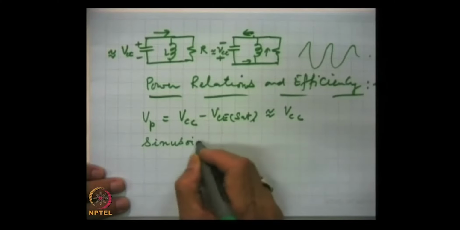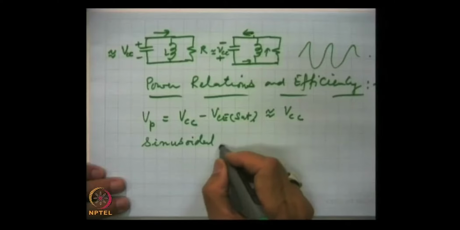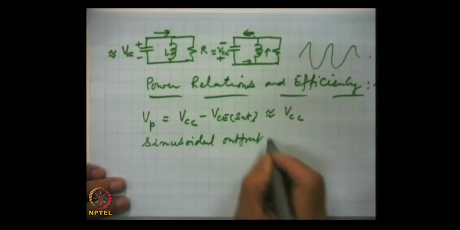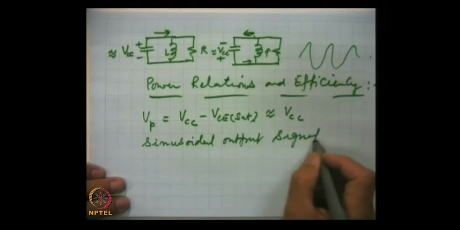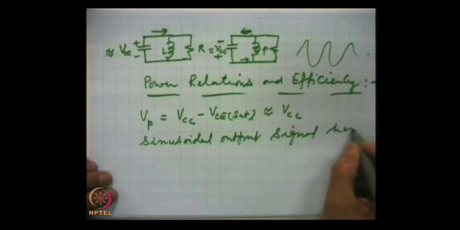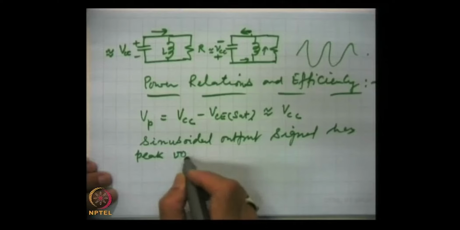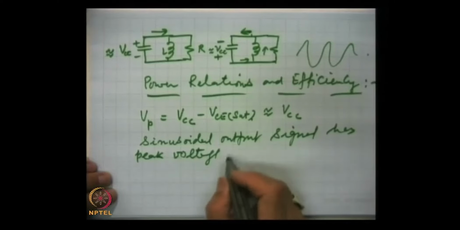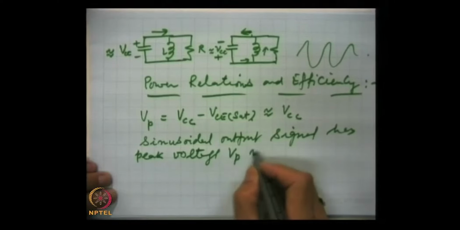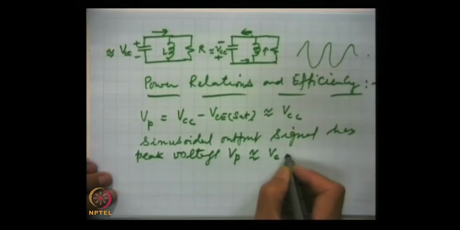Sinusoidal output signal has peak voltage Vp, which is very close to VCC.